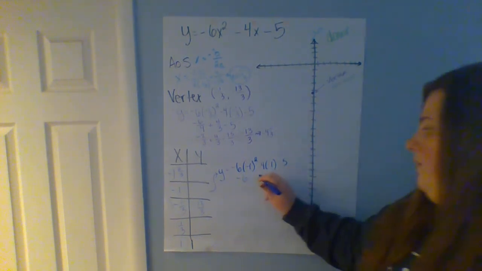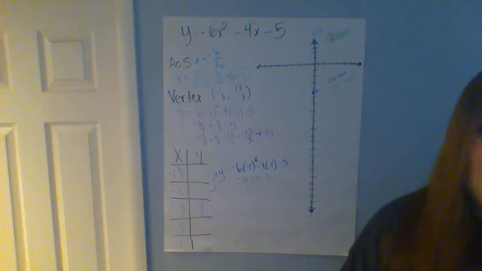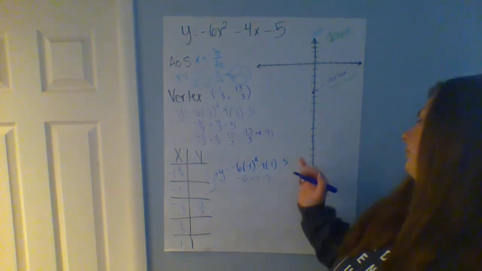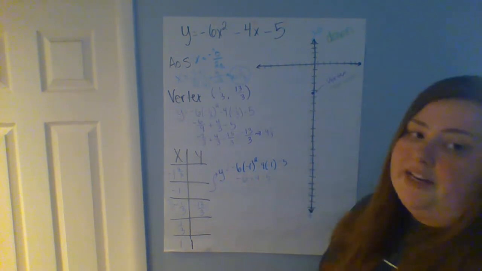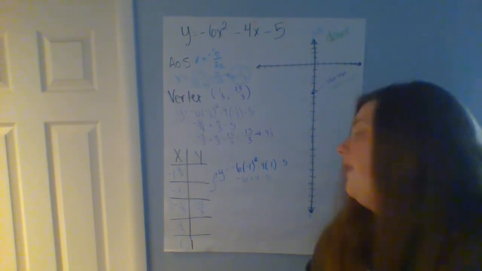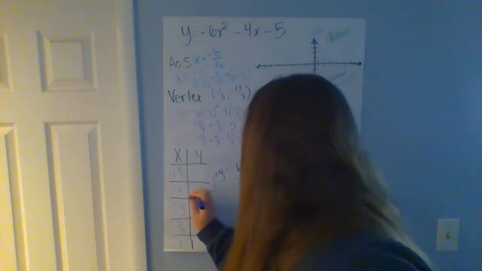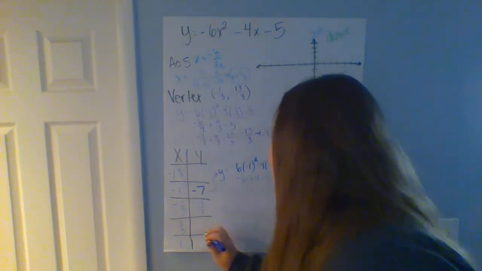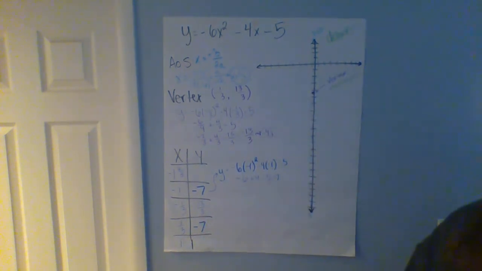Negative 4 times negative 1 is positive 4. And then we have that negative 5. Negative 6 plus 4 is negative 2. Minus 5 gives us negative 7. So negative 1 is negative 7. And 1/3 is also negative 7. So we got 2 points.